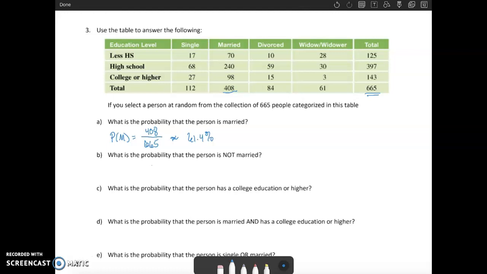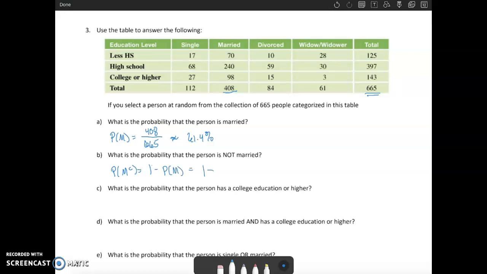What is the probability that a person is not married? Well, instead of trying to perform that calculation by counting up how many of these people are not married, why don't I just use the complement rule? The probability of married complement is 1 minus the probability of being married.